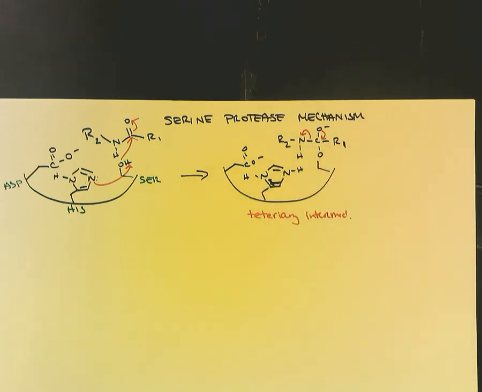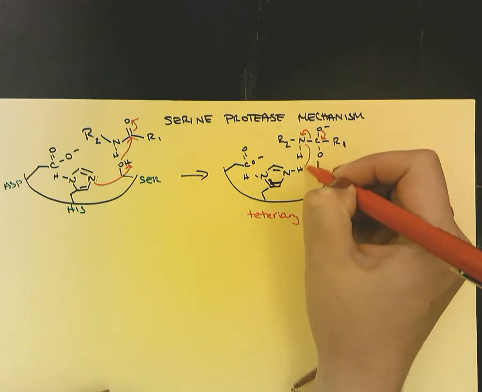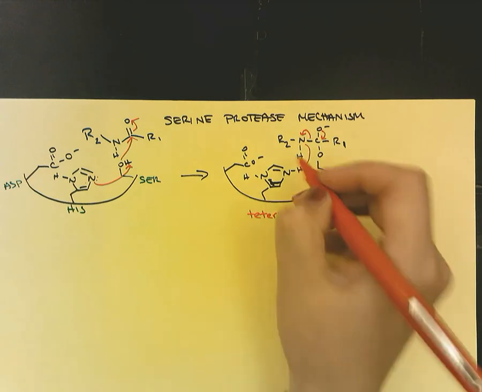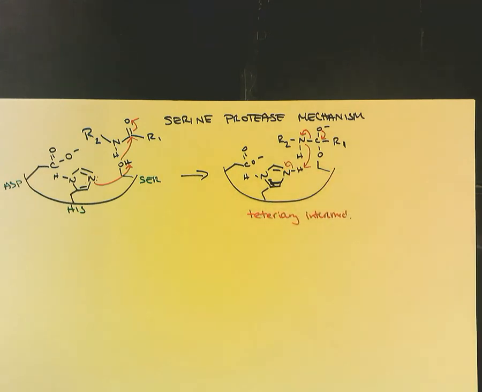That bond's going to break, so our peptide bond has now broken. So the nitrogen needs another proton before it can float away. It's going to grab that proton and push the electrons back onto the nitrogen.